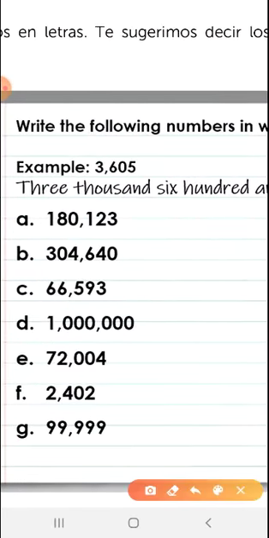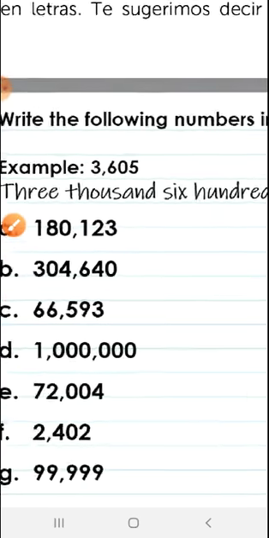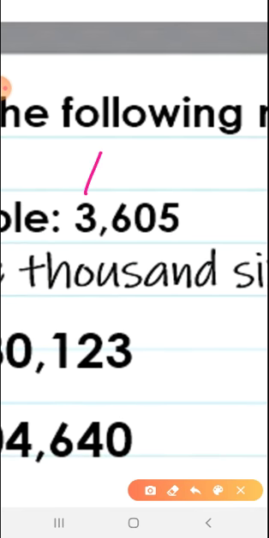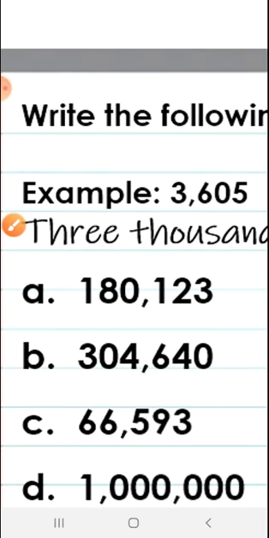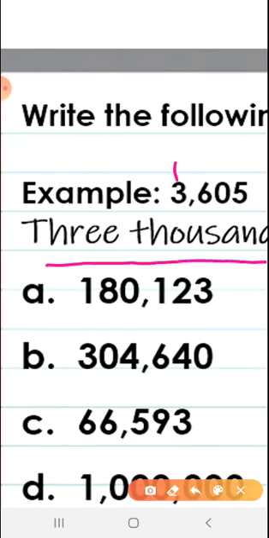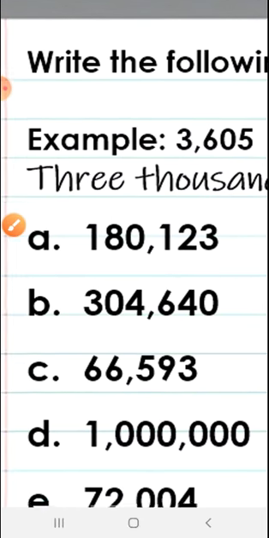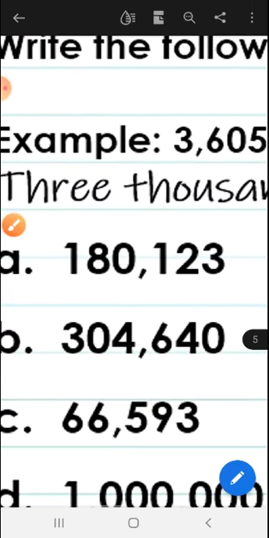Here. Example. 3,605. Let's see if it's correct. 3,000. Yes. 605. Yes, that's correct.